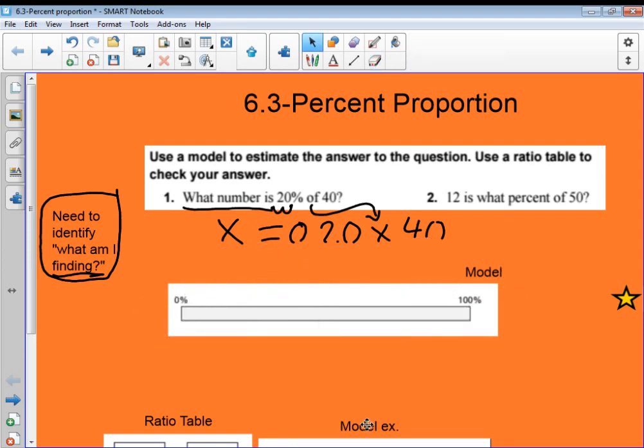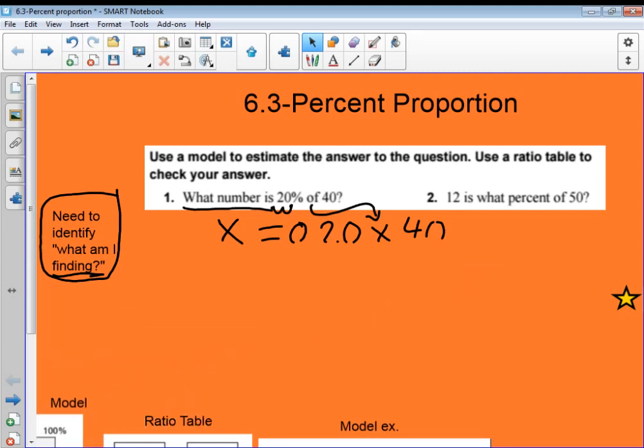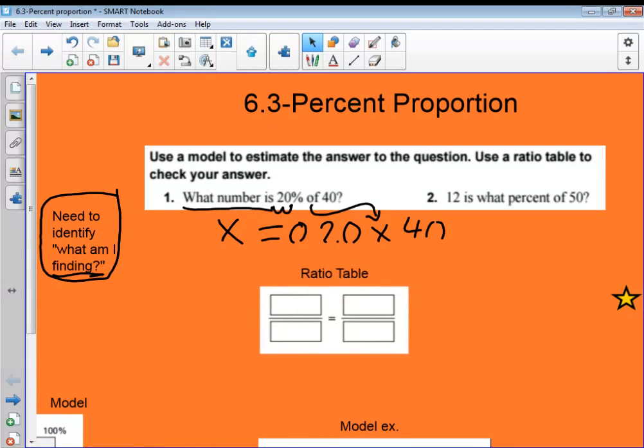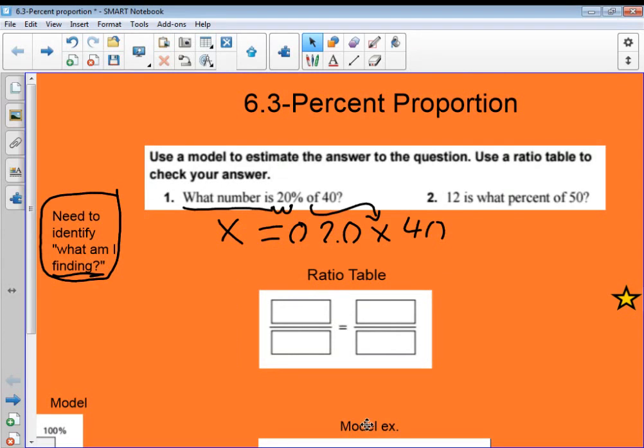Or if I wanted to use a ratio table, and this is kind of my preferred way. Once I get going with this, this is going to seem very familiar to you. For a ratio table, I first set out my percent. I'm dealing with 20%, so I put that into a fraction. 20 over 100 is equal to something over 40.